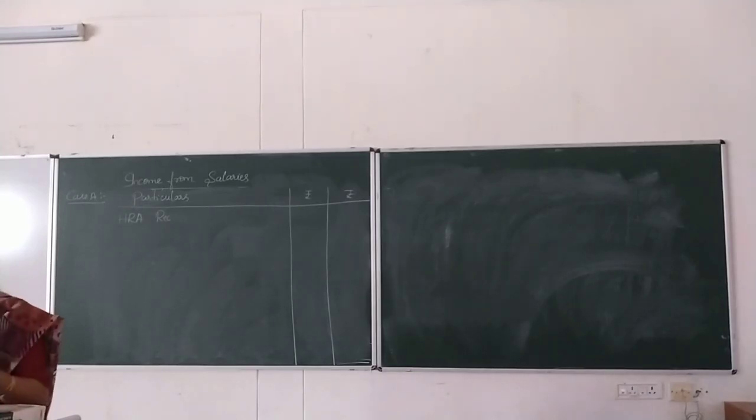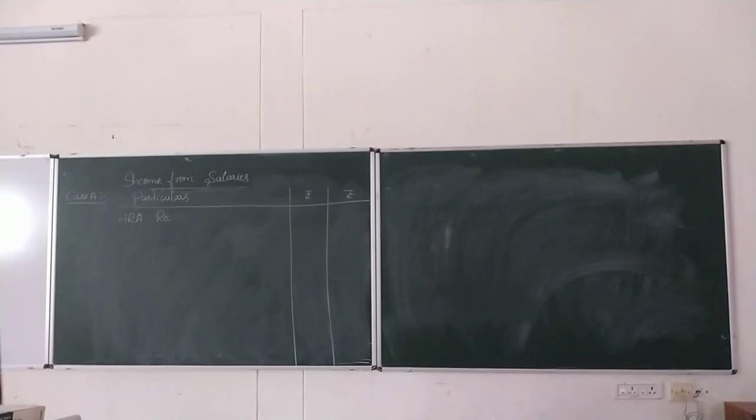That is, if the rent is more than 10% of salary, that excess amount. Second, the actual HRA received. Or 40% of the salary, whichever is less, is exempted from the HRA calculation.